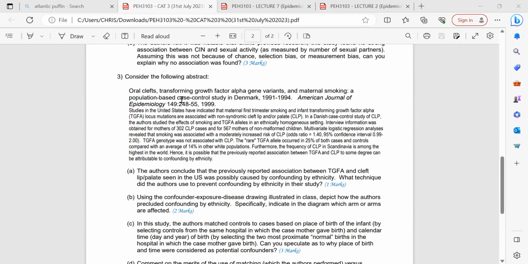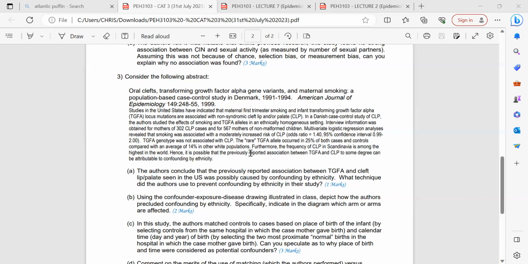So consider the following abstract. Oral cleft, transforming growth factor alpha gene variant, and maternal smoking: a population-based case control study in Denmark, 1991-1994. It is documented in the American Journal of Epidemiology. Studies in the United States have indicated that maternal first trimester smoking and infant transforming growth factor alpha, TGFA, locus mutations are associated with non-syndromic cleft lip and/or palate.